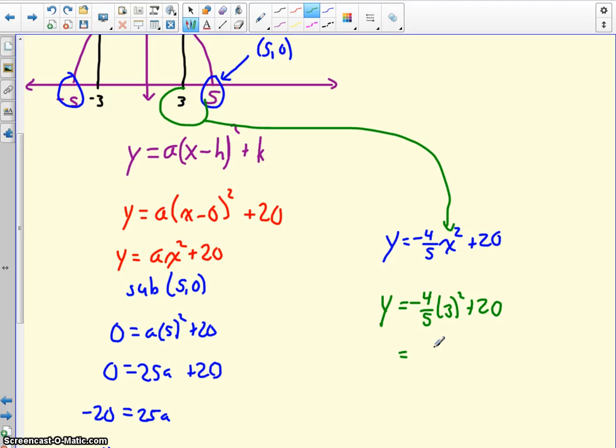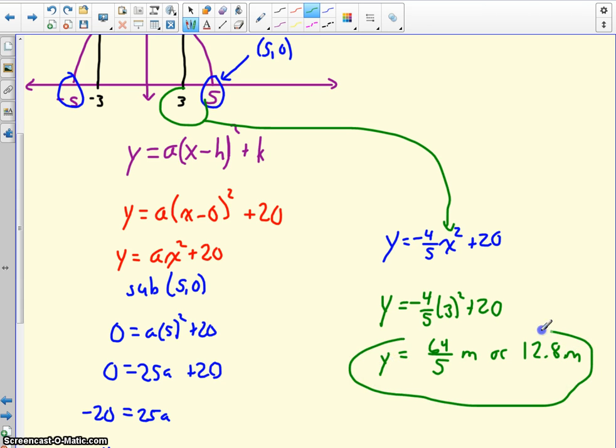I should wind up with, in fraction form, 64 over 5 meters. Okay, but in decimal form it's going to be 12.8 meters. So the height of the overpass 2 meters from the edge will be 64 over 5 meters, or 12.8 meters.